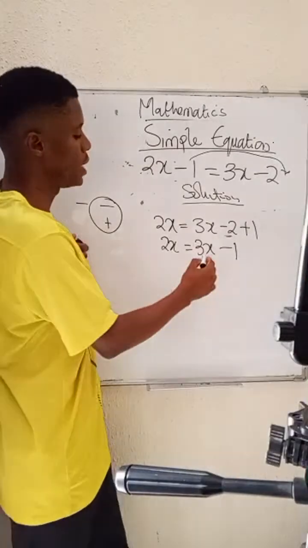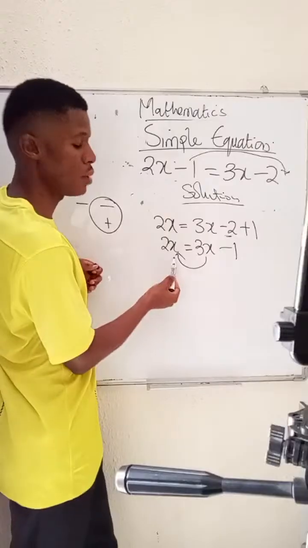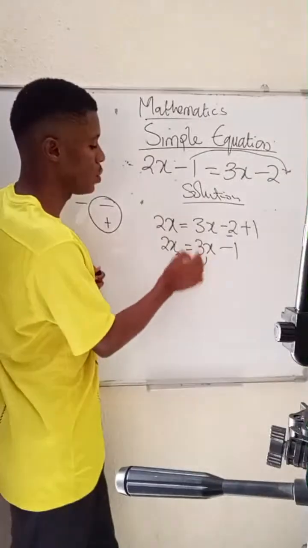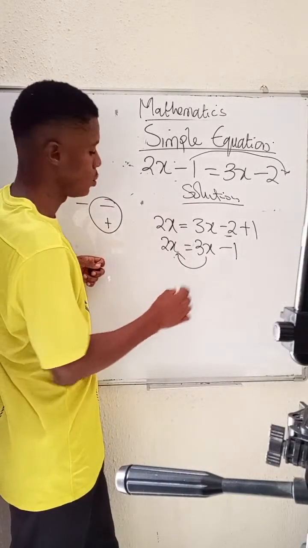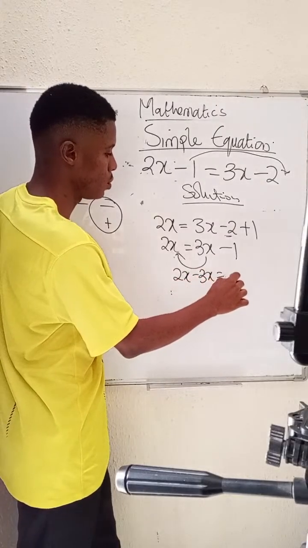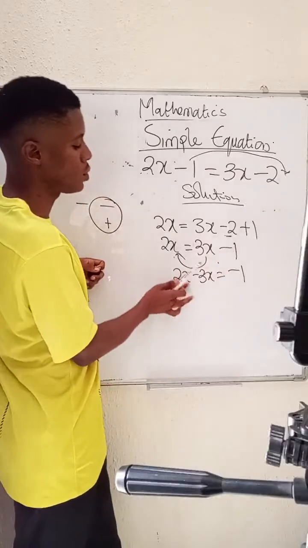The next one is crossing the equality sign again. 3x will cross to meet 2x, so we subtract 3x from both sides. We say 2x minus 3x is equal to -1, which is left here.